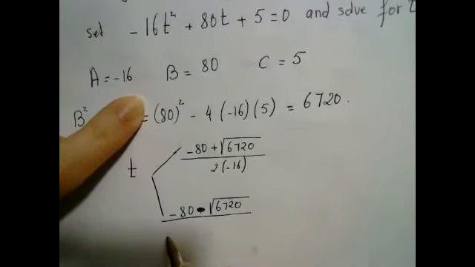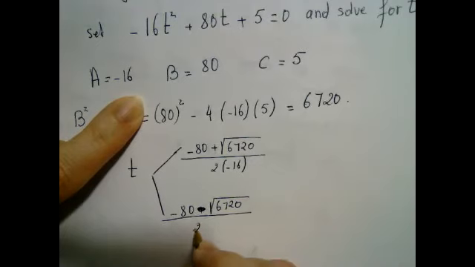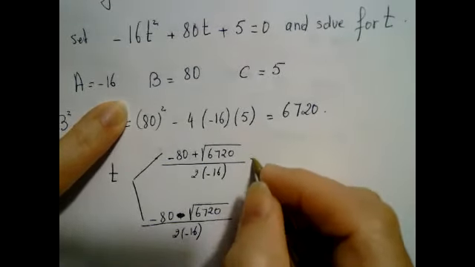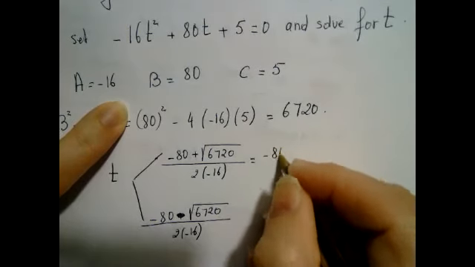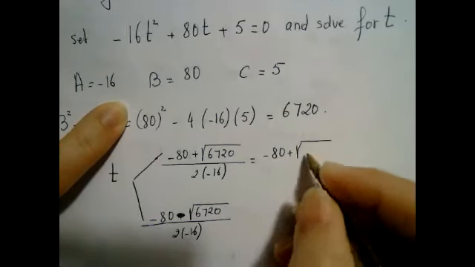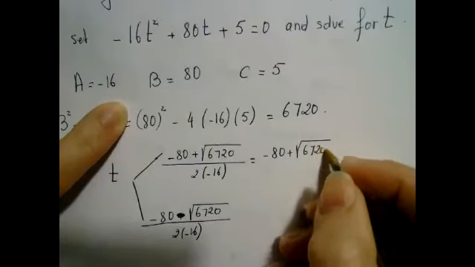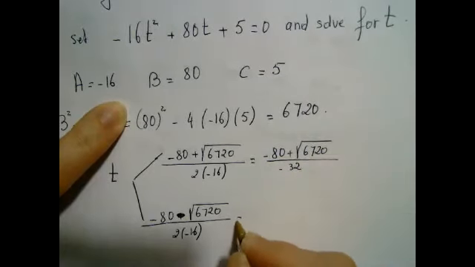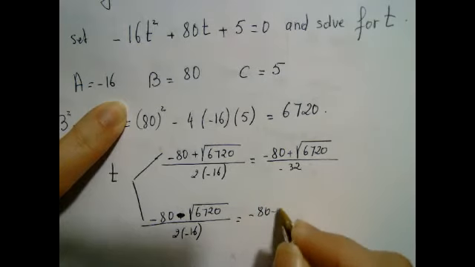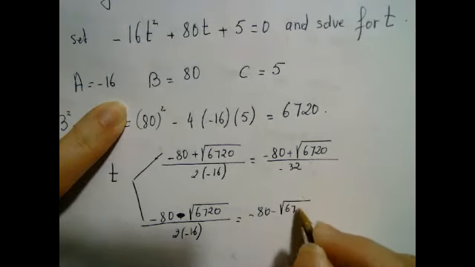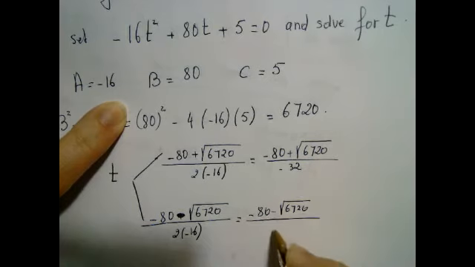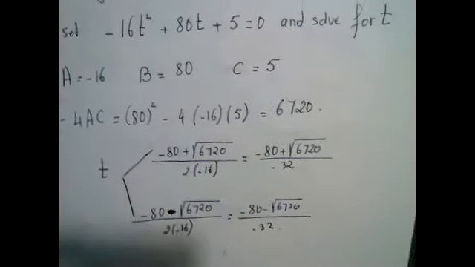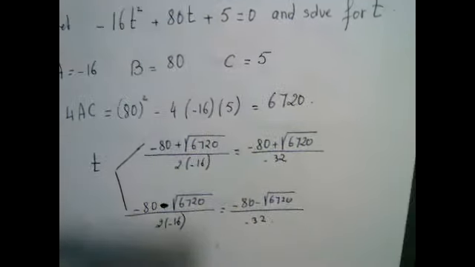It's a nasty computation, but there isn't much we can do about that. So the first one is minus 80 plus the square root of 6,720 over minus 32, and this is minus 80 minus that over minus 32. Let's compute them. Help me out here.